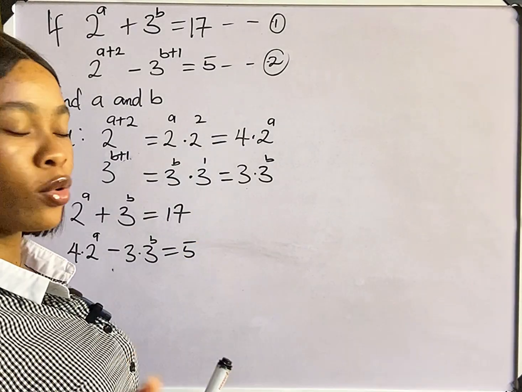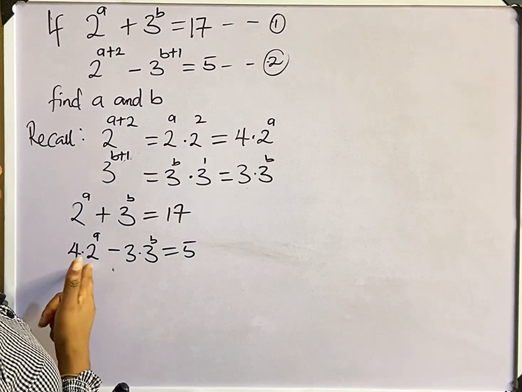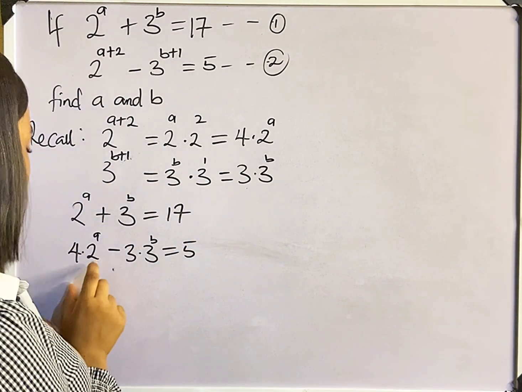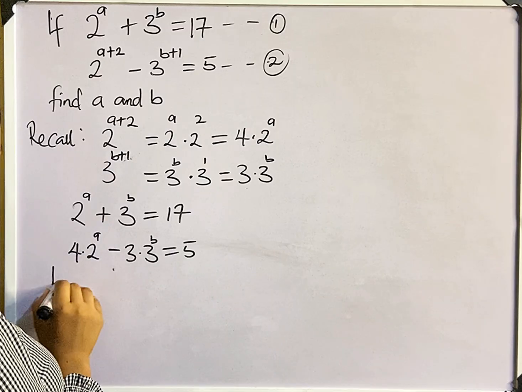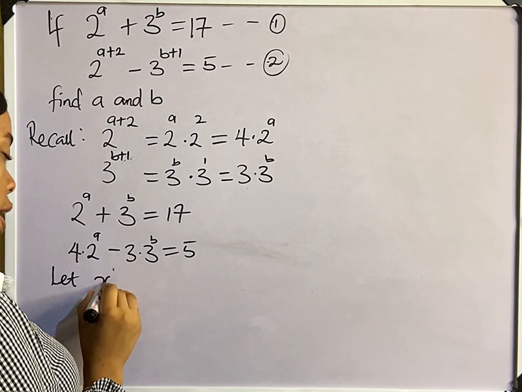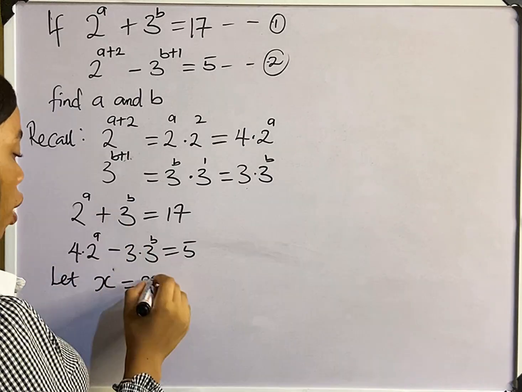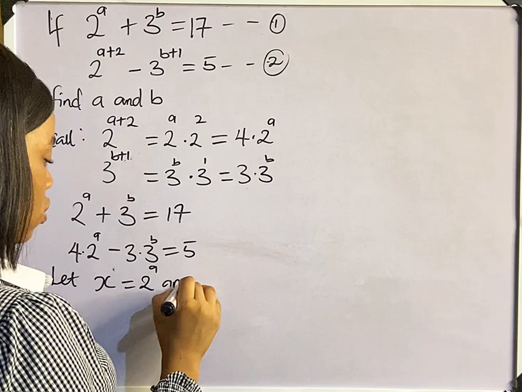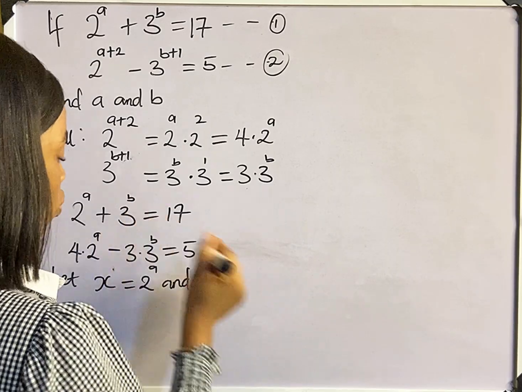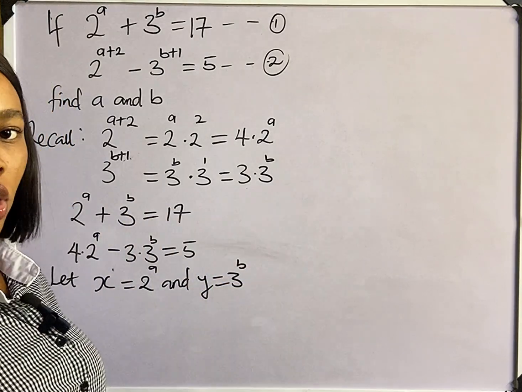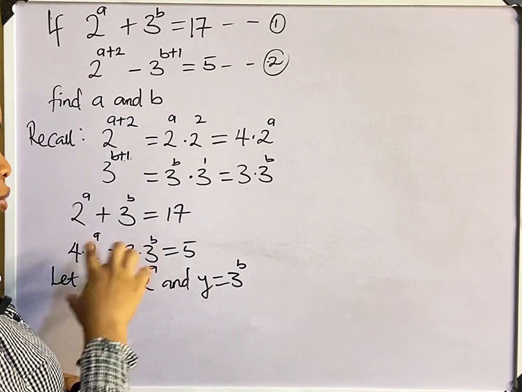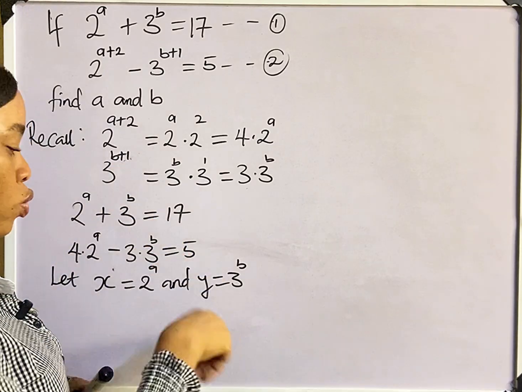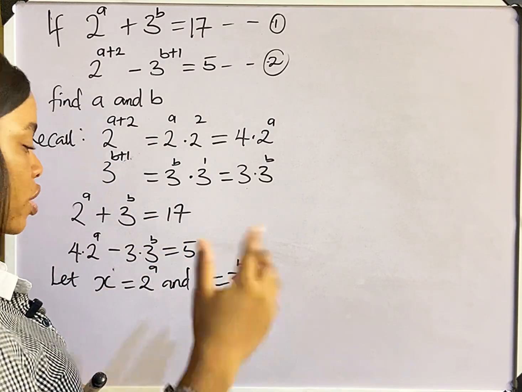Now the next thing I'm going to do here, I'm looking for a and b, right? So to make things easier, I'll let x equal 2 raised to the power of a, and let y be equal to 3 raised to the power of b, so that wherever we see 2 raised to the power of a and 3 raised to the power of b in our equation, we'll substitute it with x and y respectively.